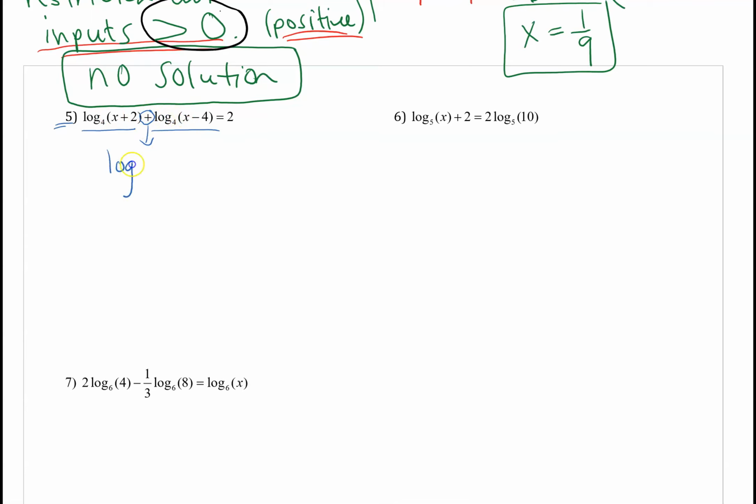So I can combine this into 1 log of the same base, base 4, where I multiply the inputs of each log together. By multiplying the inputs of each log, that allows me to combine this sum, this addition, into 1 log. So I'll go ahead and FOIL out the insides of this log.